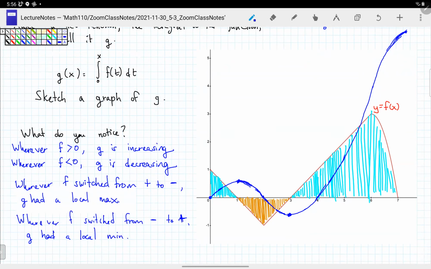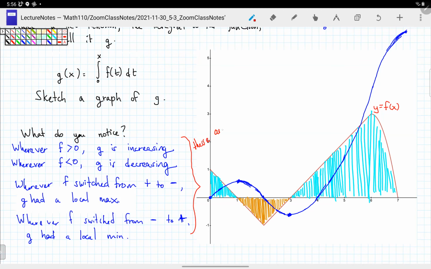And looking at these properties here should make you think of something. Those properties are really the relationship between a function and its derivative.